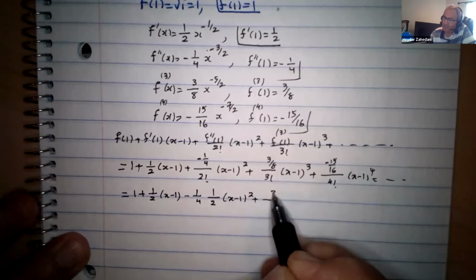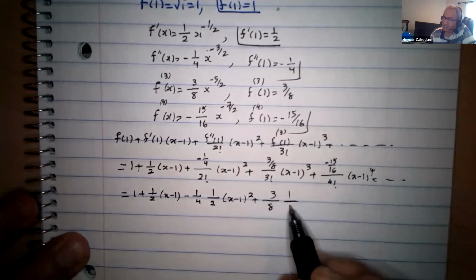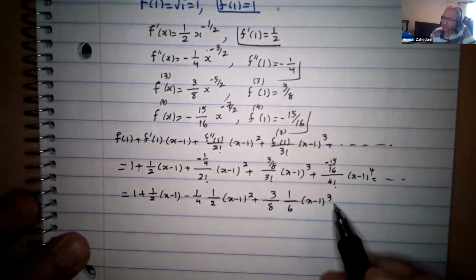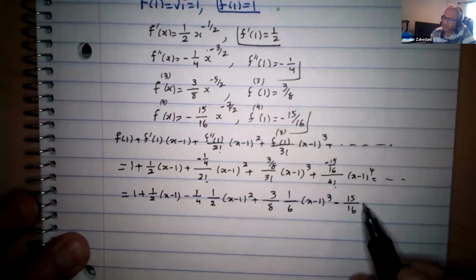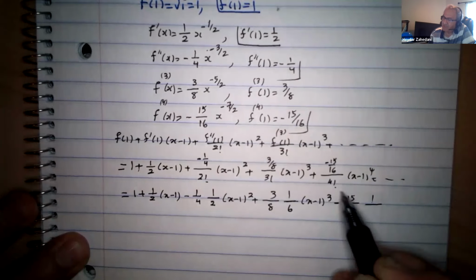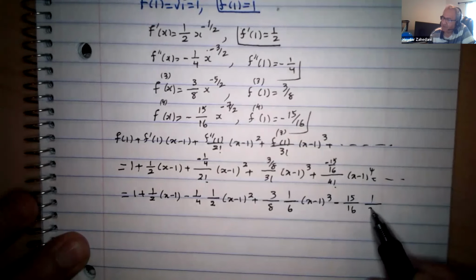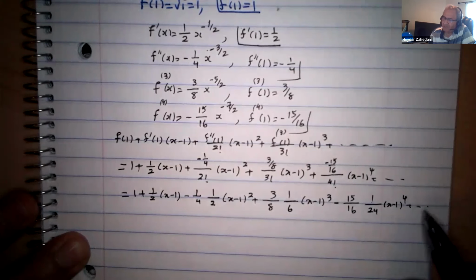This is going to be 3/8, and 1 over 3 factorial, which is 6, times x minus 1 to the third. And this is going to be minus 15 over 16, and 1 over 4 factorial is going to be 24, times x minus 1 to the fourth, etc.